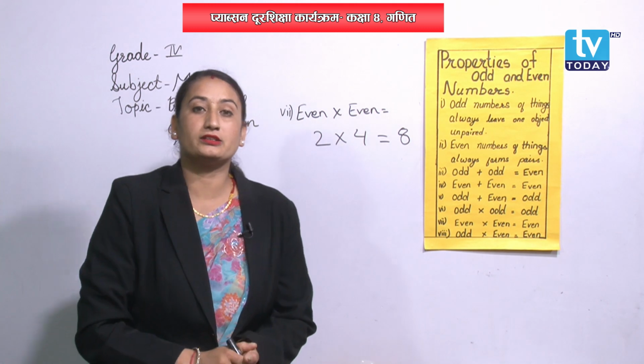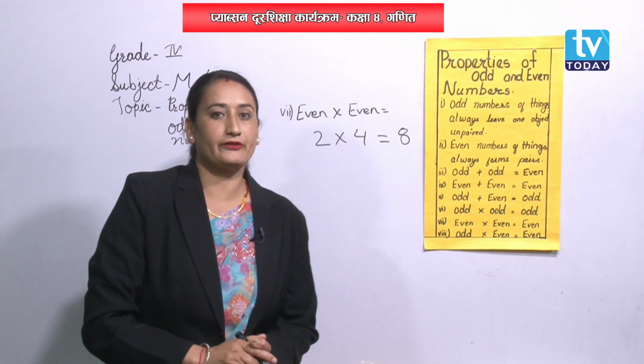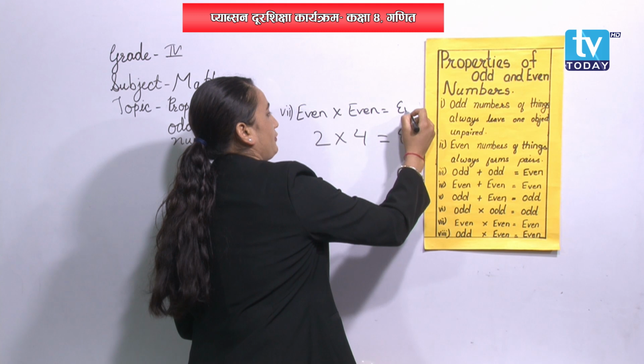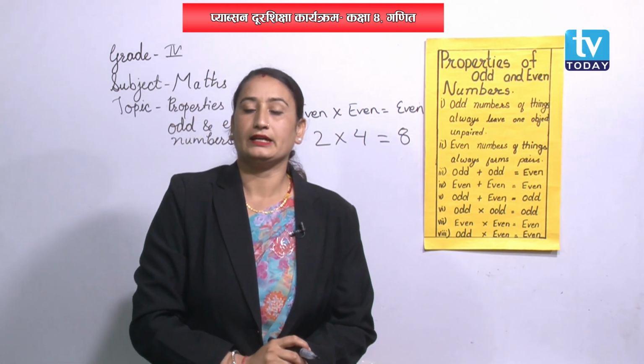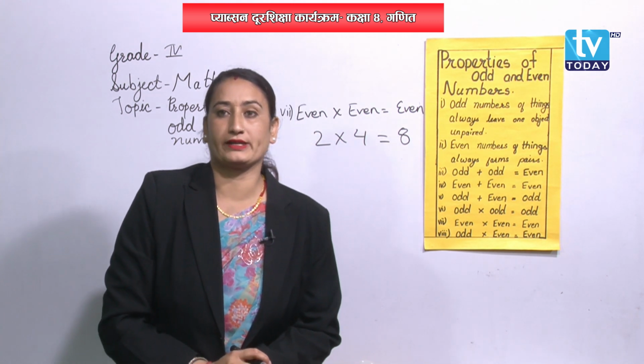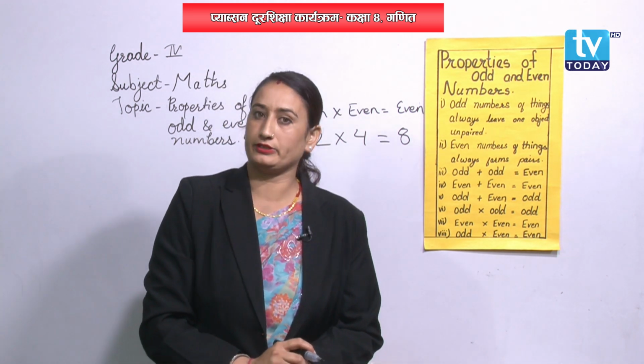Is 8 an even or odd number? It's an even number, right? So write down: if we multiply even and even numbers, then obviously we will get an even number. So 2 times 4 is 8, and 8 is an even number.